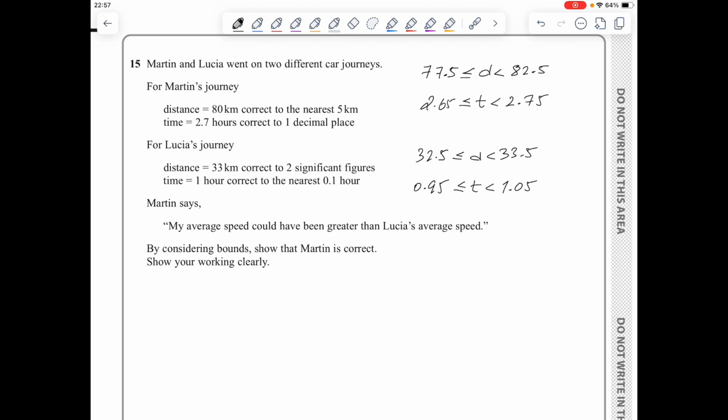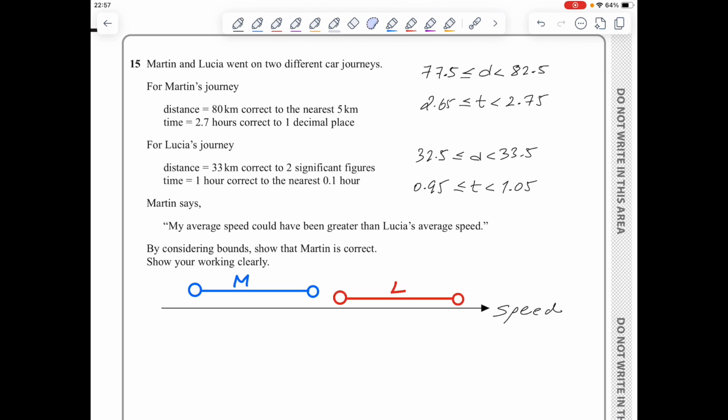Now there's an interval of speeds for Martin and Lucia. If there's no overlap between those intervals, then obviously Lucia's speed is higher. But if there is an overlap, then maybe Martin's speed is more than Lucia's speed. So what we need to do is compare Martin's upper bound with Lucia's lower bound. If Martin's upper bound is greater than Lucia's lower bound, then Martin is correct in his statement.